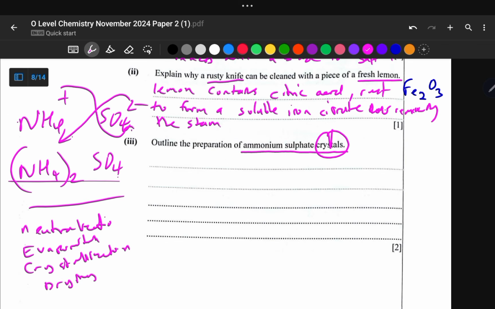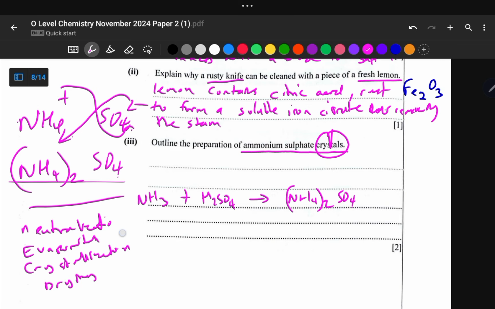For the neutralization reaction, ammonia reacts with sulfuric acid to give ammonium sulfate. We can use the universal indicator to measure the acidity as an indicator for the titration, and then we stop adding ammonia when the solution becomes neutral, right?